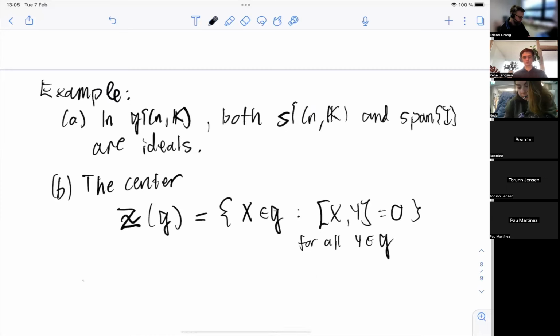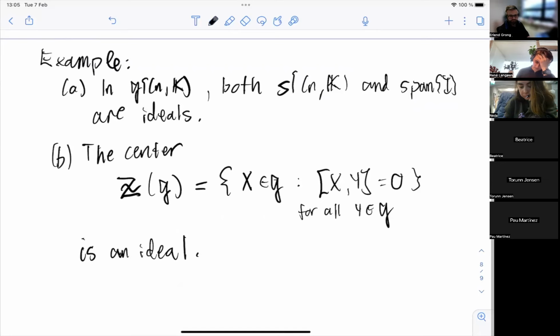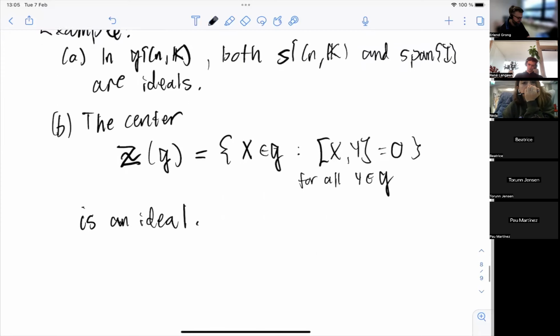And this is an ideal, because by definition all brackets here will become 0, which is in the subspace. So the center is an ideal.